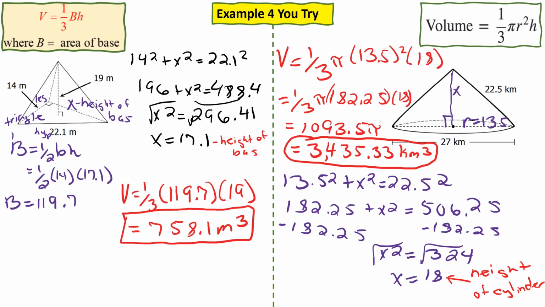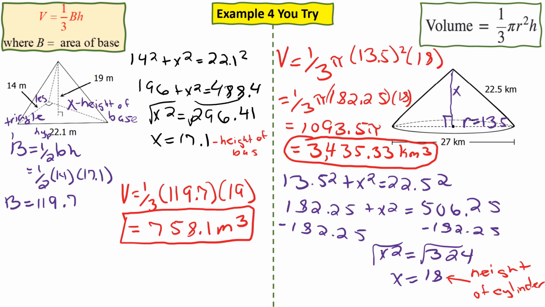Alright, so go ahead and check your answers. I have them circled or boxed in red. For the pyramid, you should have gotten 758.1 meters cubed. And for the cone, 3,435.33 kilometers cubed. Please note that I did have to use the Pythagorean Theorem to find the height of the base of the triangle right here.